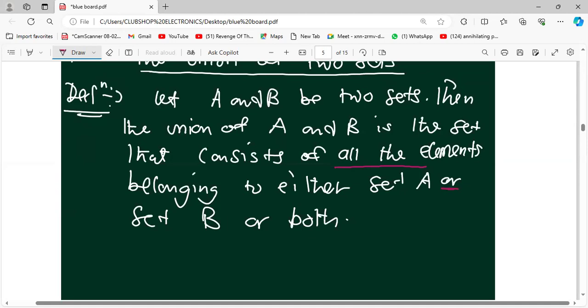The collection of all the elements in set A as well as set B is referred to as the union of set A and B.